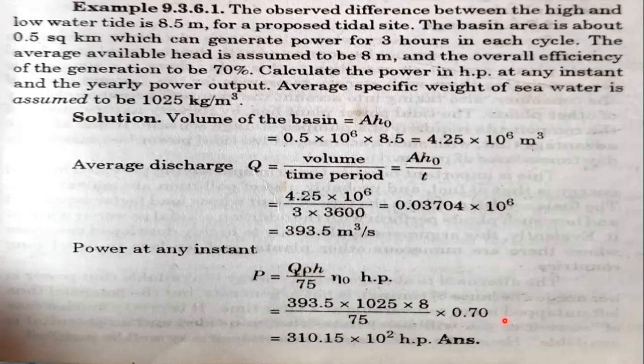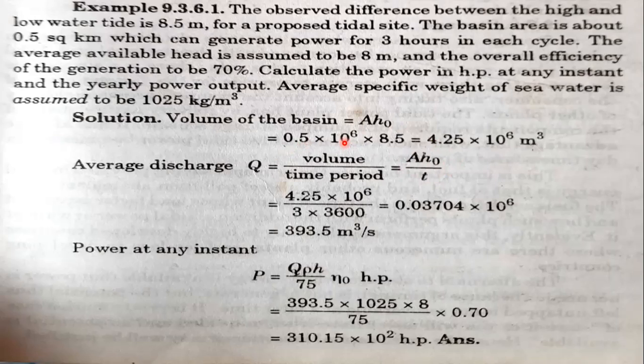So we have to calculate only Q. The formula for calculating Q is A H naught by T. For this we have to calculate A, H naught and T. A is given as the area, 0.5 square kilometers. So I am calculating the expression A into H naught. A is 0.5 square kilometers, and square kilometers means 10 power 3, 10 power 3.